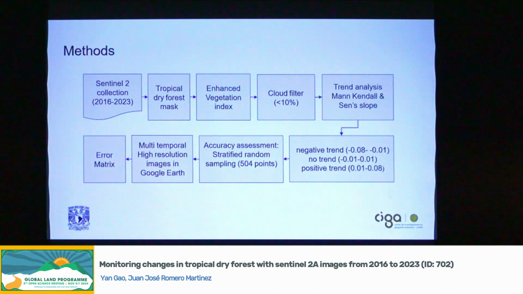Then we apply trend analysis and classify the trend as negative, positive, or no trend within a value range. Then accuracy assessment is done using high spatial resolution images available from Google Earth, and we finally get the accuracy assessment by error matrix.